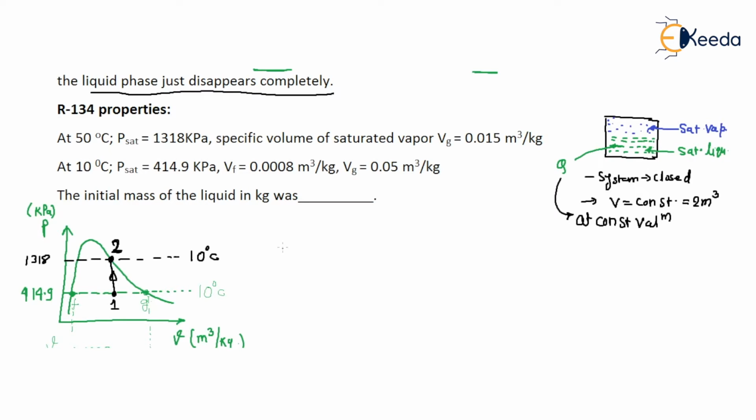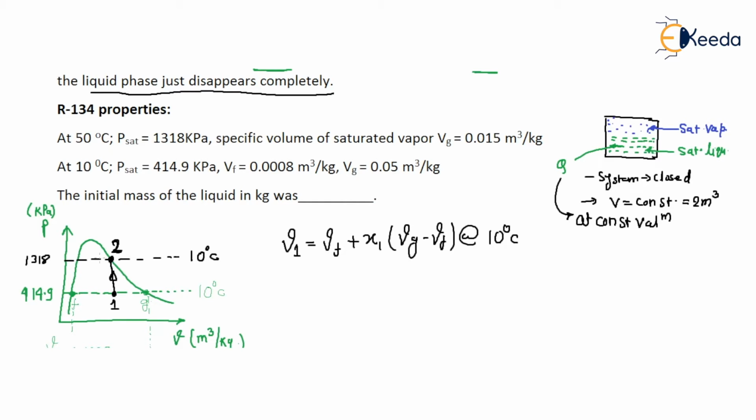V1 is equal to Vf plus x1 times (Vg minus Vf) at 10 degrees centigrade. Now it is a constant volume process, so V1 is equal to V2. Why? Because it is a closed system, the total volume stays the same.